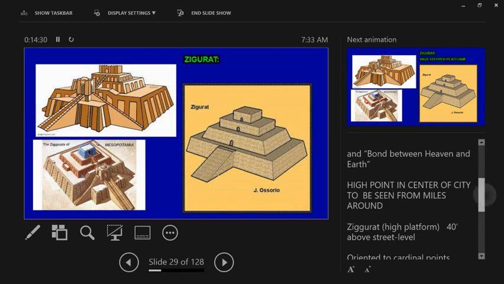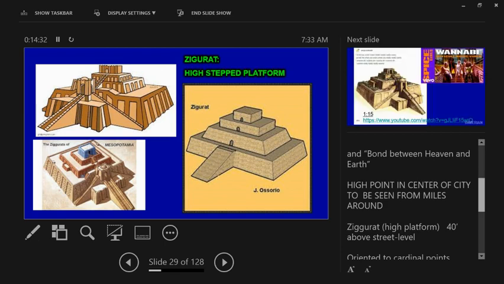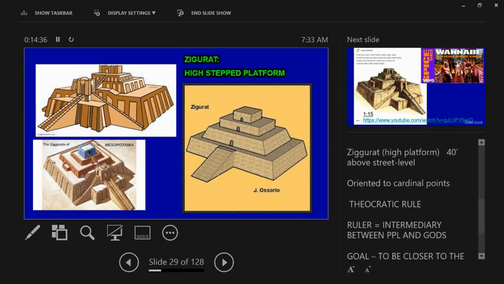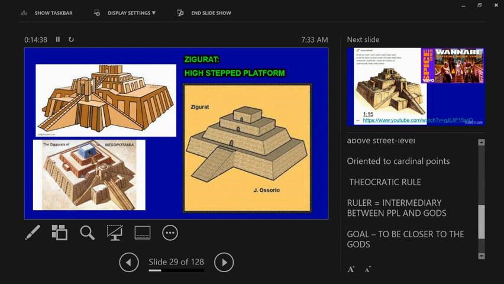All right, so a ziggurat is a high platform above street level. It's oriented to the cardinal points. Do you know what the cardinal points are? North, south, east, west. That is correct. This tells experts that the Sumerians had a theocratic rule. They were a theocracy.